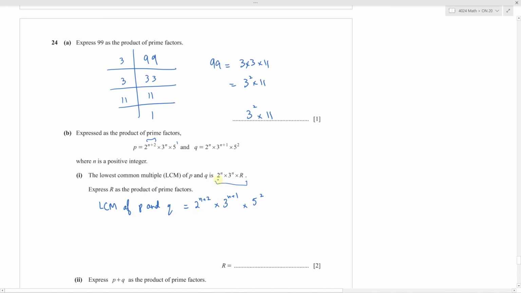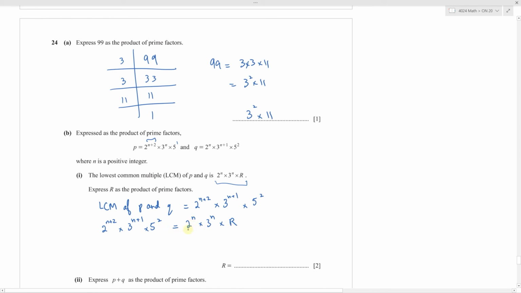And you're also given the LCM of P and Q is this. So let me write this. LCM: 2 power n plus 2 multiplied by 3 power n plus 1 multiplied by 5 square. This is the LCM that you calculated and the LCM given in the question. So these two should be equal. This is 2 power n multiplied by 3 power n multiplied by r. Now from this you can easily find the value of r.